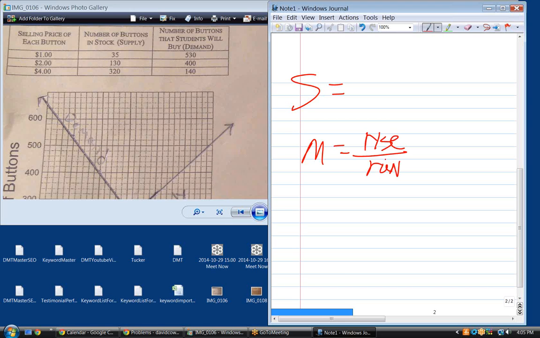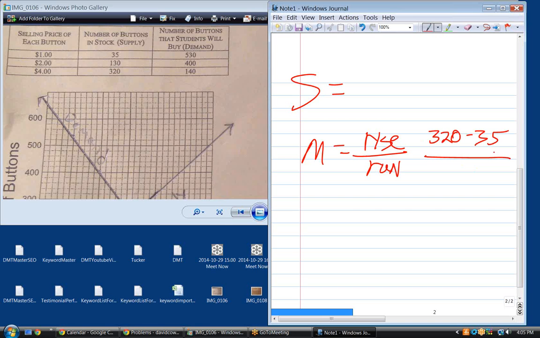Well, what would the rise be? Between $1 and $4, what's the rise doing? It's going from 35 to 320. So if I subtract those, I get the amount of the rise.